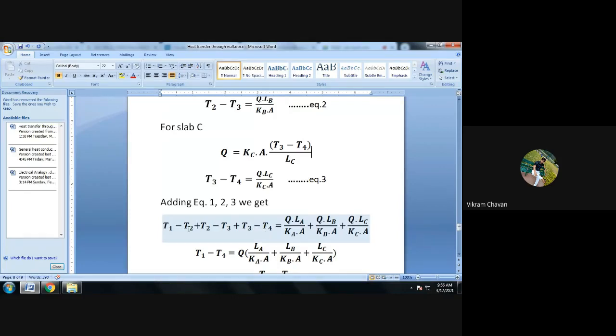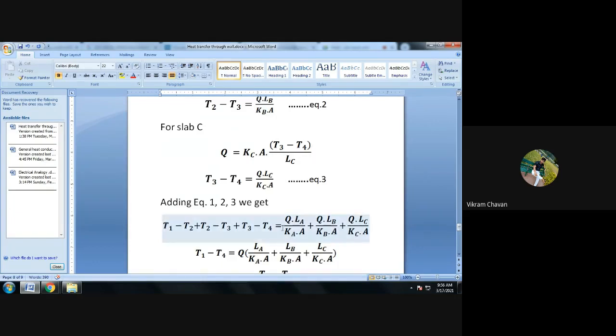We add all these and it equals, from equation 1, Q multiplied by L suffix A divided by K suffix A multiplied by A, plus from equation 2, Q multiplied by L suffix B divided by K suffix B multiplied by A, and from equation 3, plus Q multiplied by L suffix C divided by K suffix C multiplied by A.